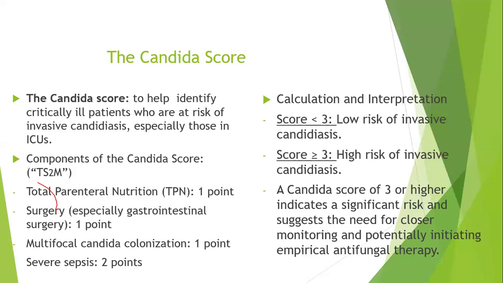Now, if the patient has come down with severe sepsis, the patient has 2. So when you calculate your Candida score and the score is less than 3, you can be sure that there's a low risk of invasive candidiasis. But if the score is equal to or greater than 3, there's a high risk, and that is when you want to start empirical antifungal therapy.